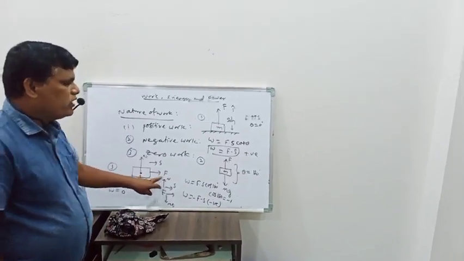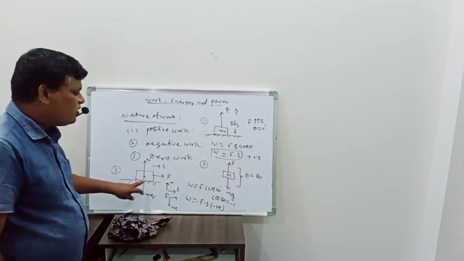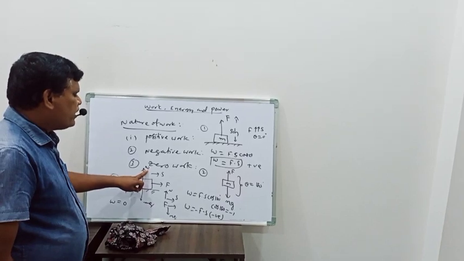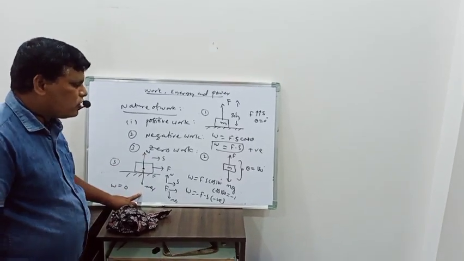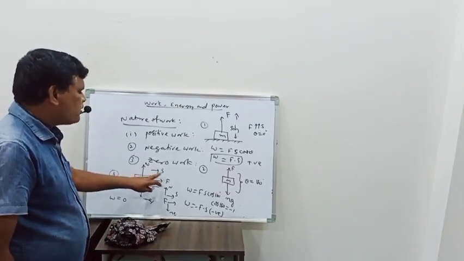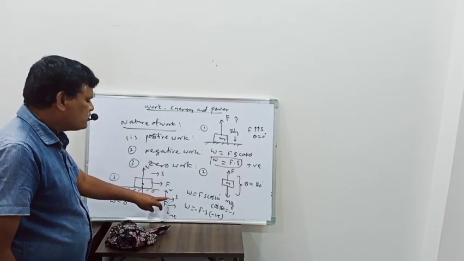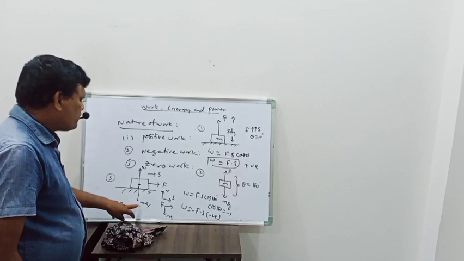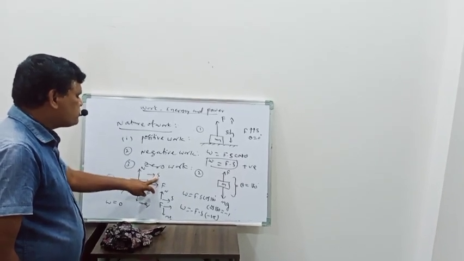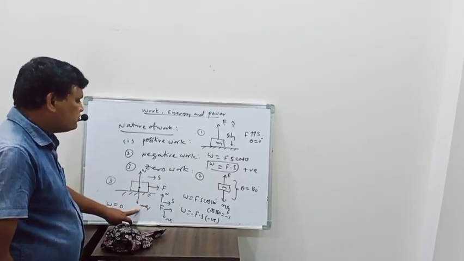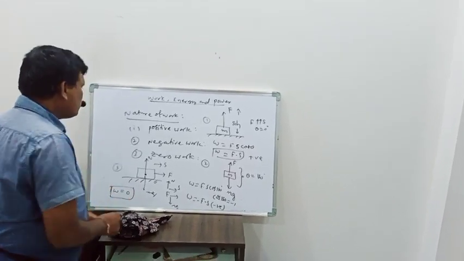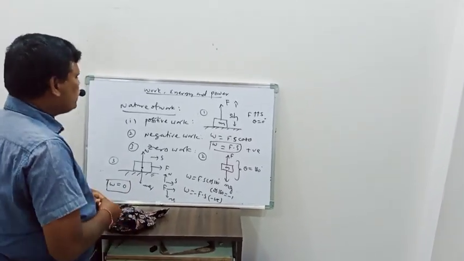A block is moving horizontally on a rough horizontal surface, so the normal reaction acts upward, weight acts downward, the normal reaction is perpendicular to the displacement, so work done is 0. Even the weight is perpendicular to the displacement of the block, so work done is 0. So these are the three types of nature of work.